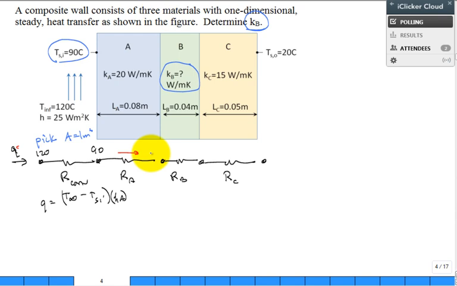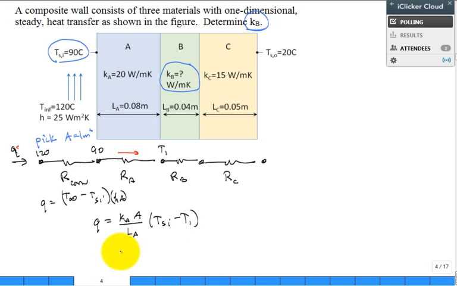And so I can focus on calculating T1. And then I can say, okay, well, the Q through slab A is K of material A, the area of 1 meter squared, divided by the thickness of material A, times that TSI, which is 90 degrees, minus T1.